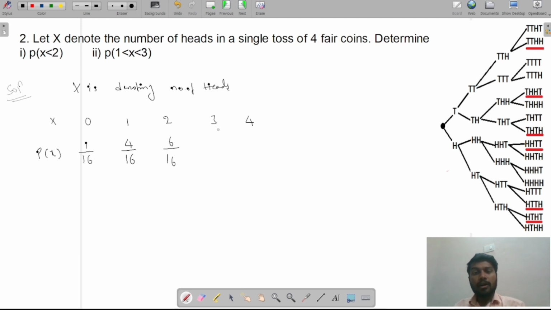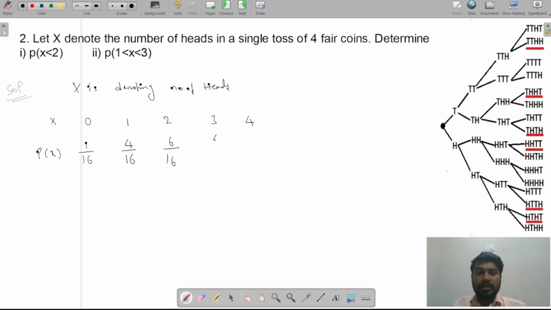Now, similarly, how many times am I getting three heads? Let's count now. Once, two times, three times, four times. I'm getting three heads four times.